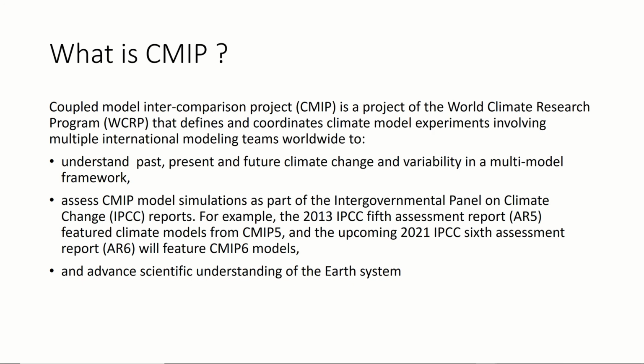So you have different modeling teams who are developing these climate or Earth system models. CMIP is a project that coordinates this modeling activity according to a standardized procedure and protocol to standardize the model output so that they can be compared.